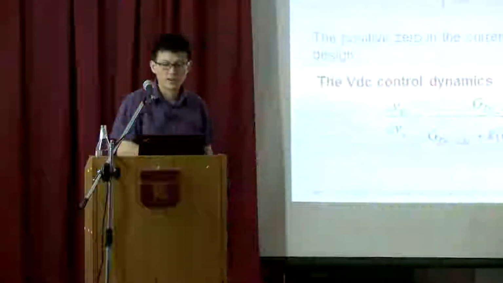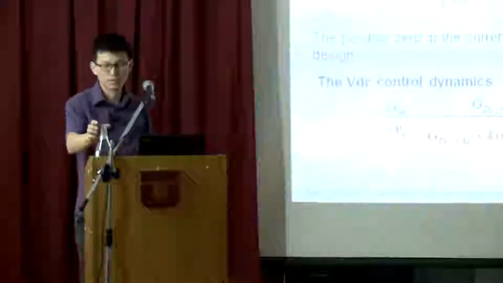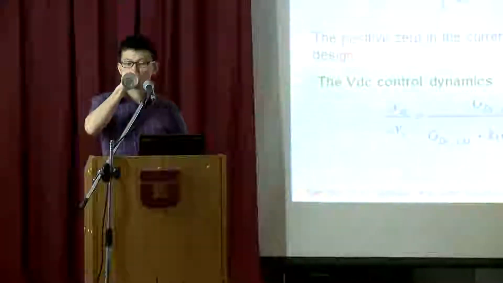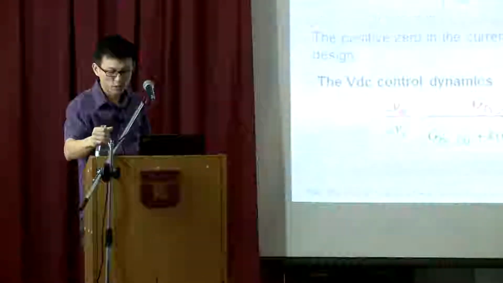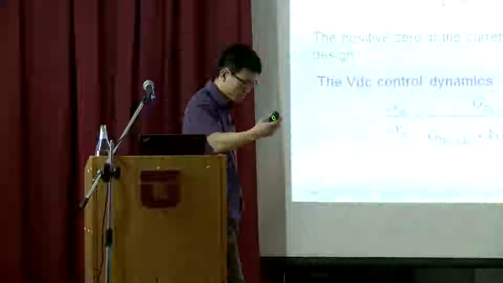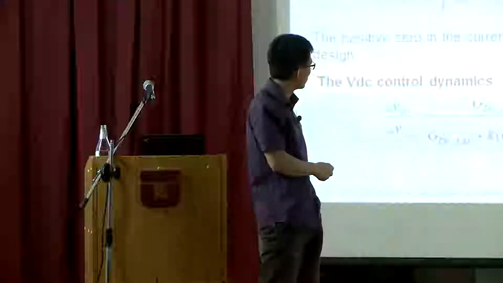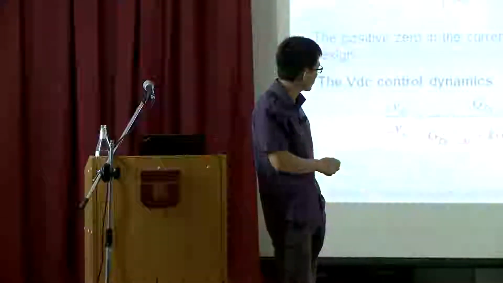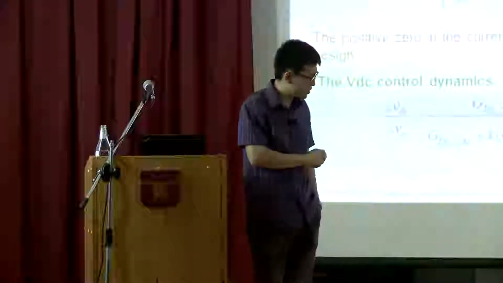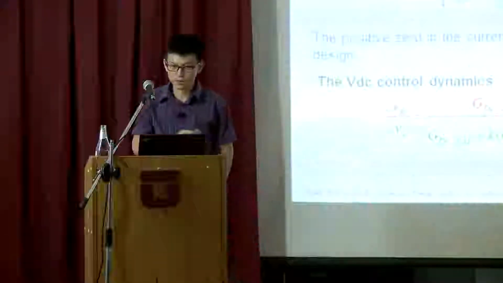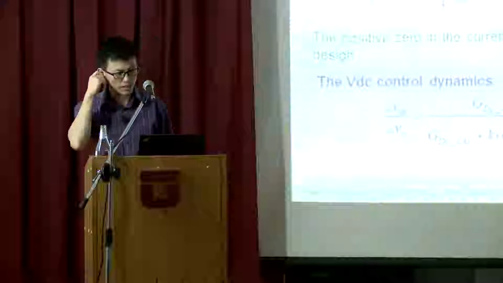Very boring mathematics, so I'm not going to show how we derive it. Essentially, if you spend some time, you can end up with this equation anyway. What's really interesting is this one. For the current loop, current mode droop, you use the droop concept.